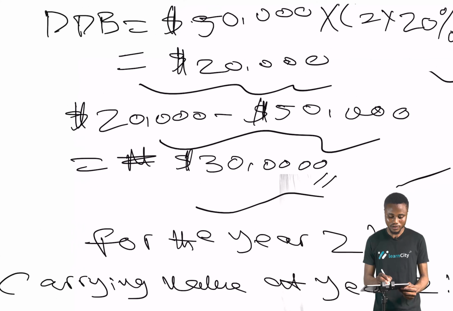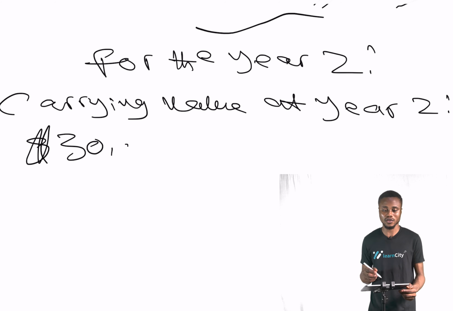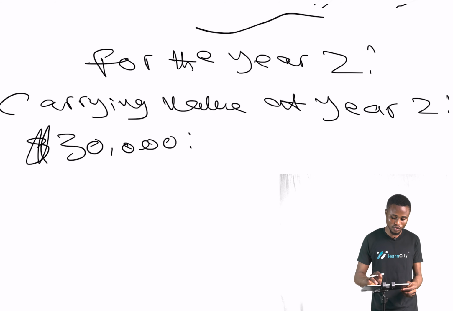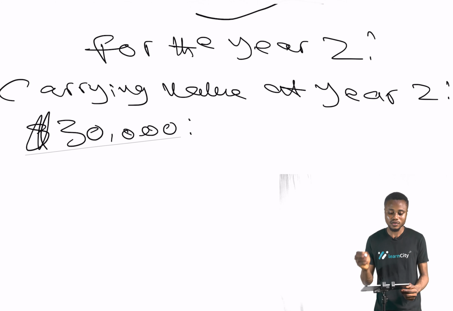You bring that. So we are going to make use of this particular 30,000 US dollar. So what you just have to do is go to your formula, DDB expense.